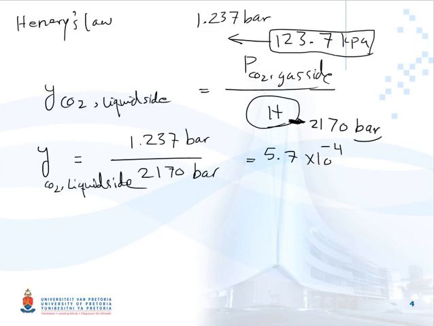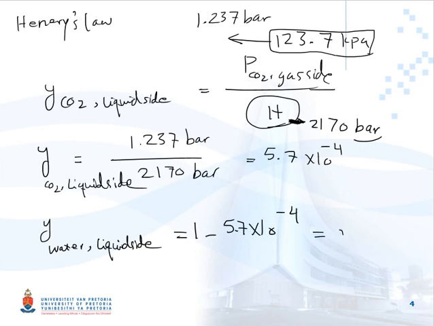We can find the mole fraction of water in the drink simply by 1 minus this number. So the mole fraction of water in a drink, liquid side, because it can't be more than 1, is 1 minus 5.7 times 10 to the power of minus 4, which will be equal to 0.9994.